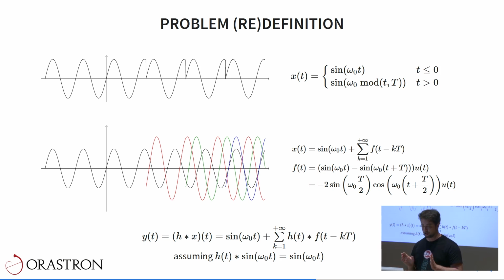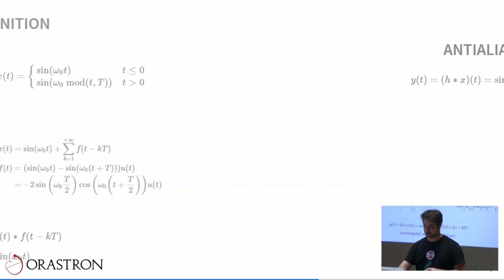And this is true as long as the kernel that we are using, when convolved with the unsynced sinusoid, gives us back the unsynced sinusoid itself, which means that it will have unitary gain at that frequency and zero phase.